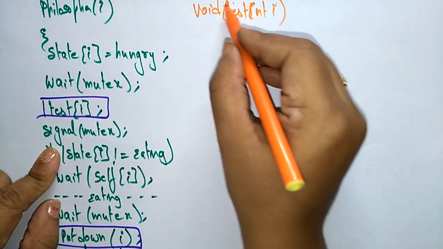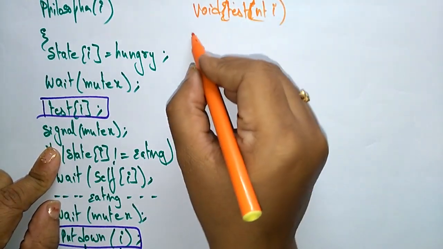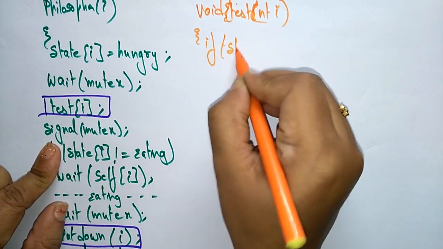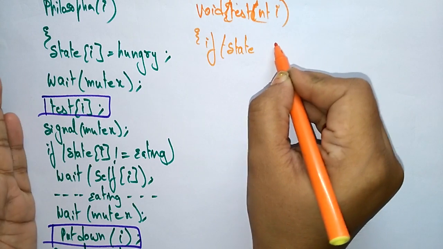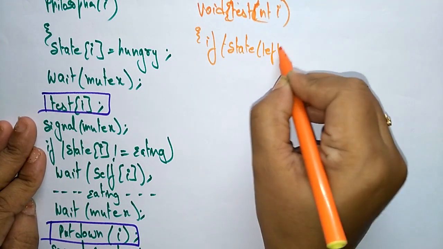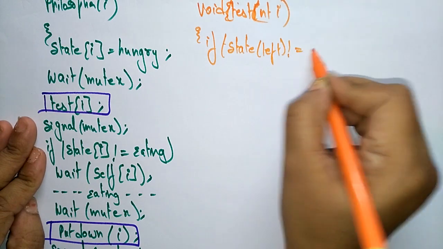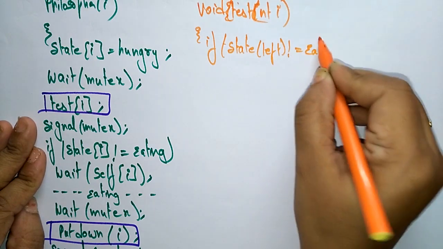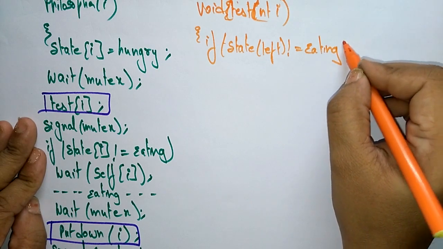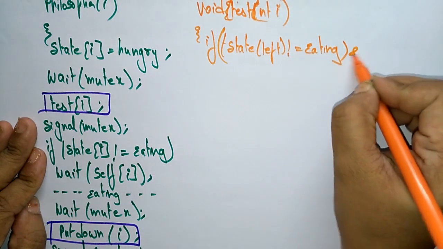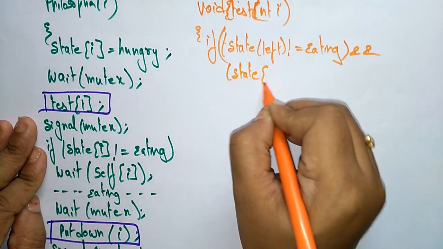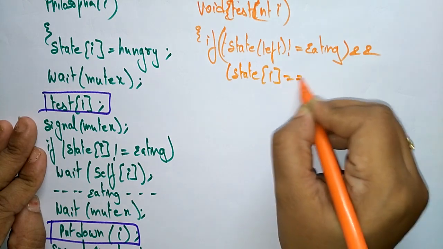Okay, void test(int i). Now if state[left], just taking the left of the philosopher, state[left] is not equal to eating. Suppose that philosopher is not eating, and state[i], that is philosopher 0, is hungry.